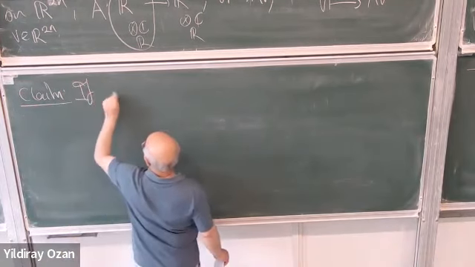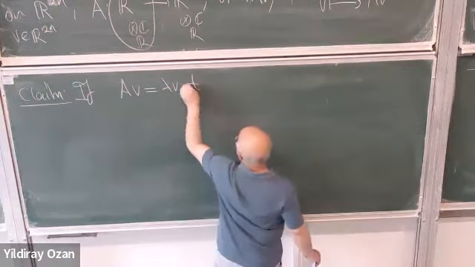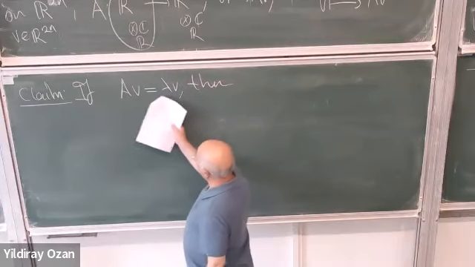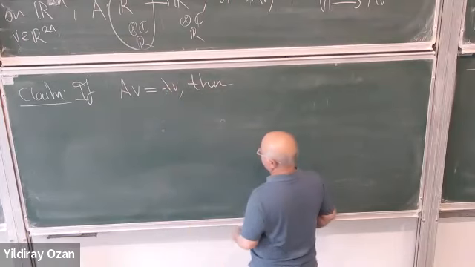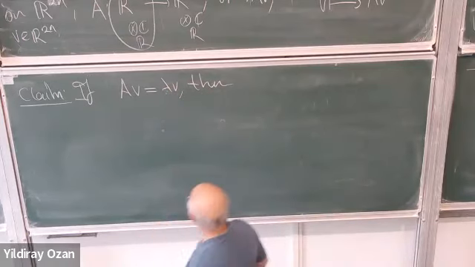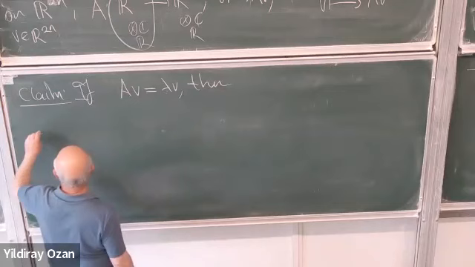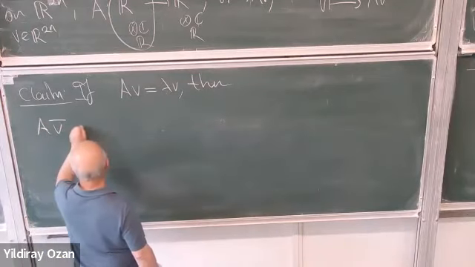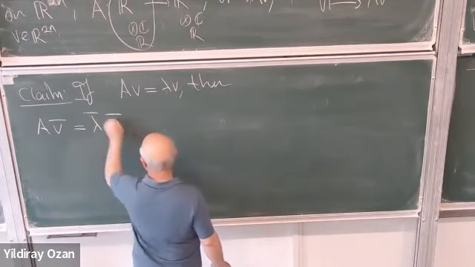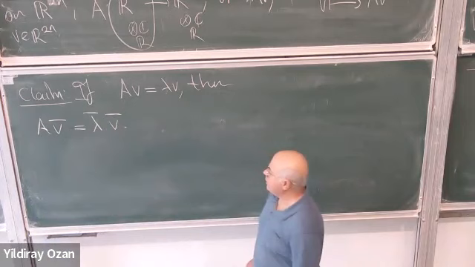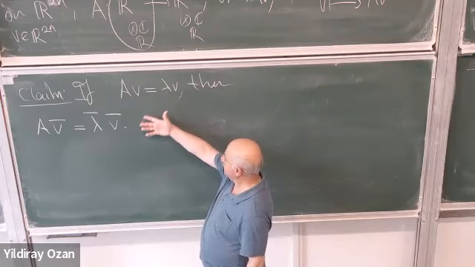If A V equals lambda V, then of course this is an eigenvector, so eigenvalue and eigenvector. Then taking the conjugate, A V bar is lambda bar V bar. What does this mean? Actually this is not really a claim, it is obvious.